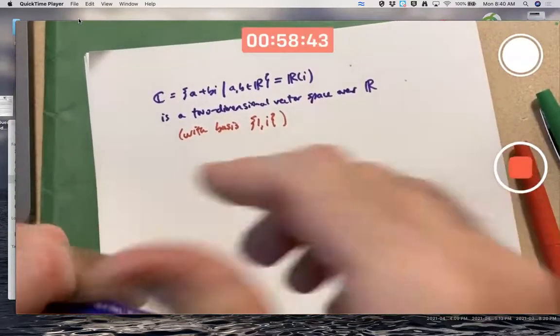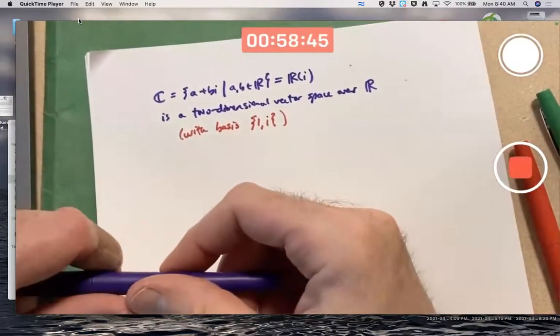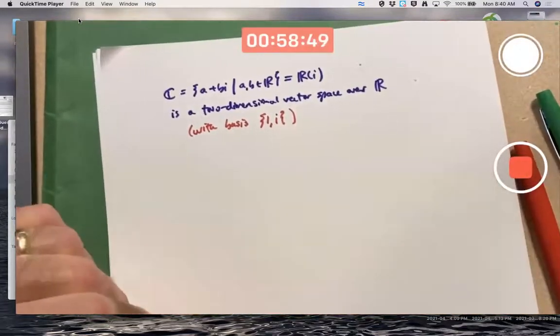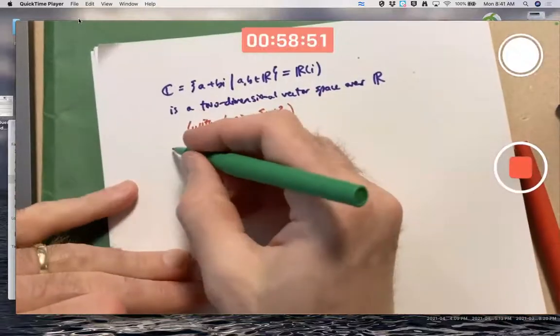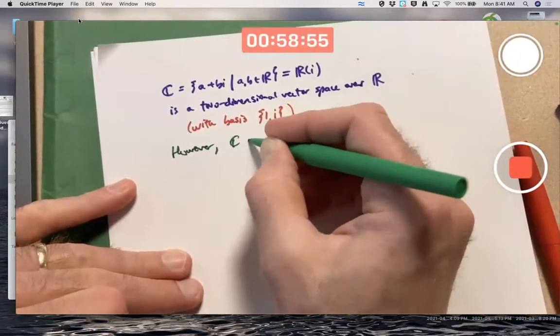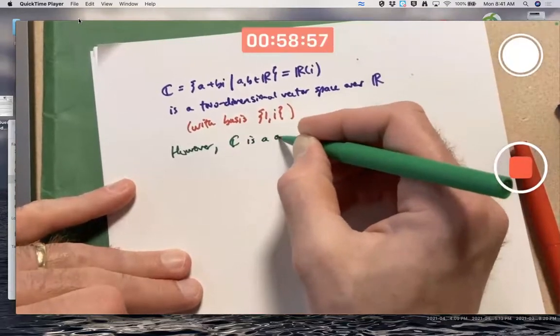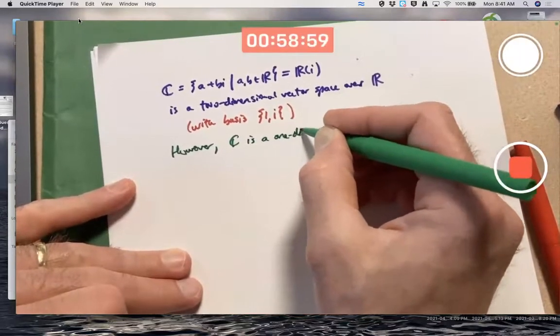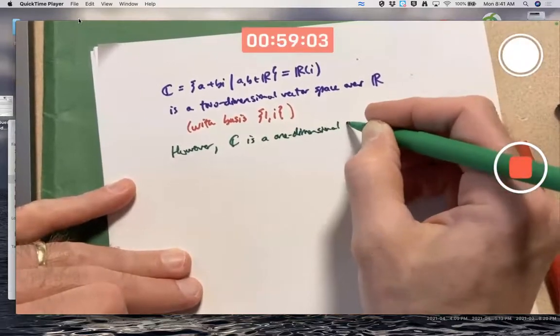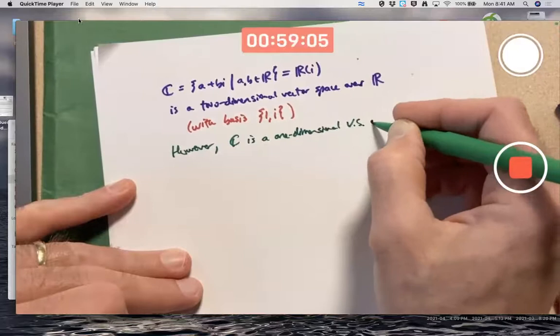However, it's a one-dimensional vector space over itself. C is a one-dimensional vector space over itself.